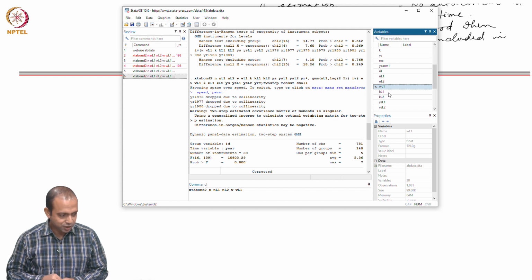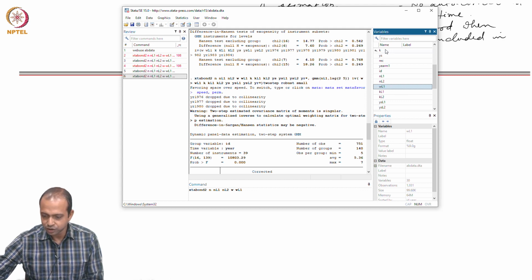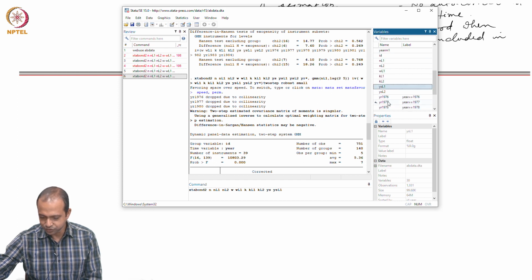Within the GMM, now I am putting nl1, wl1 and kl1 as instruments.